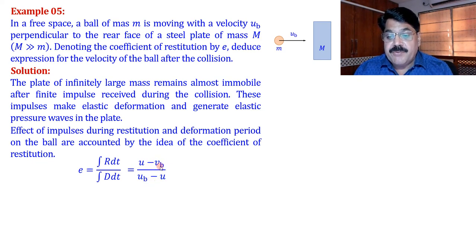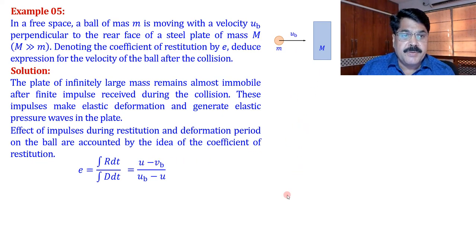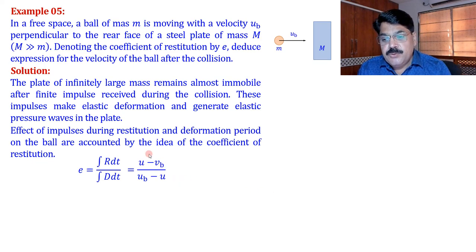The velocity of the ball after collision, and U is the velocity of both bodies at the time of maximum deformation, or the velocity of the ball at the time of maximum deformation, and that is almost zero because the velocity of the plate changes by a negligible amount. So this idea helps us find the velocity of the ball.